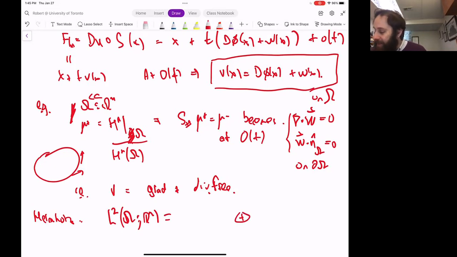So this is like L2, how do you write it? Gradient plus divergence free. So this would be indeed L2 of omega, Rn, divergence free, plus L2 gradient vector fields.